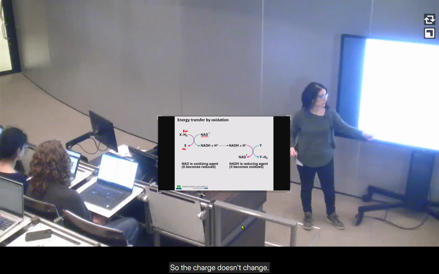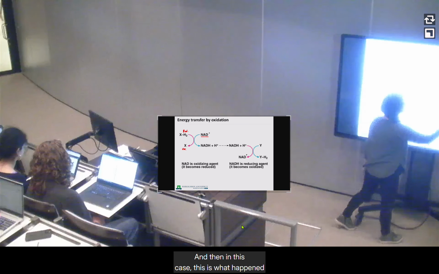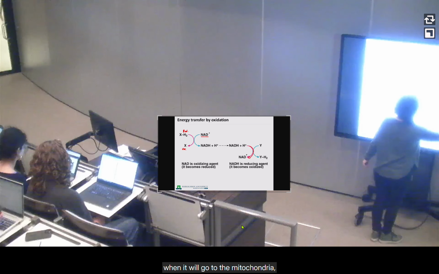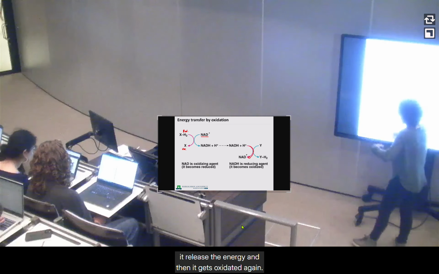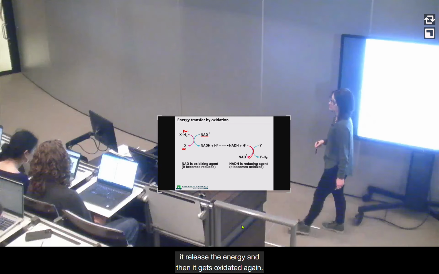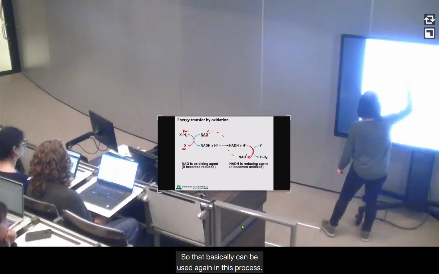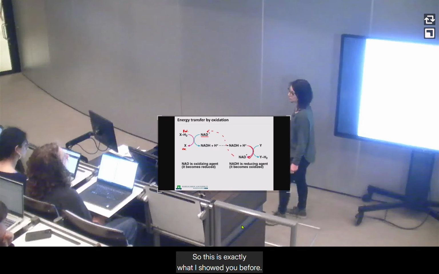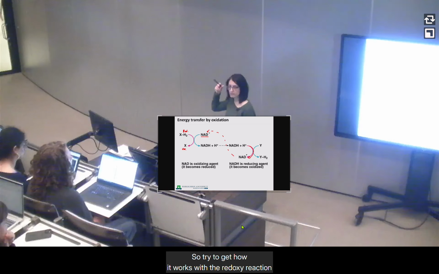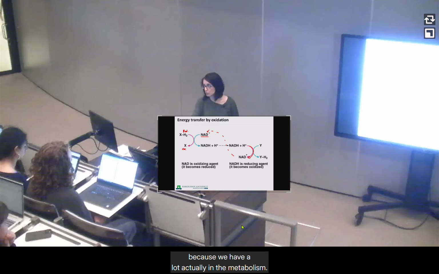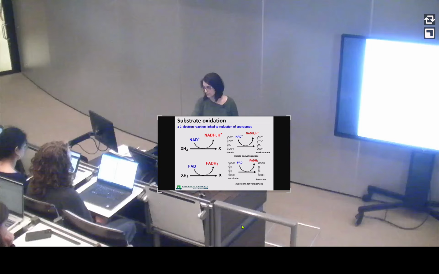Because it's only adding hydrogen to itself, so the charge doesn't change. And then this is what happens when it goes to the mitochondria. It releases the energy, and then it gets oxidated again, so that it can be used again in this process. So this is exactly what I showed you before. So try to get how it works with the redox reaction, because we have a lot of them in the metabolism.